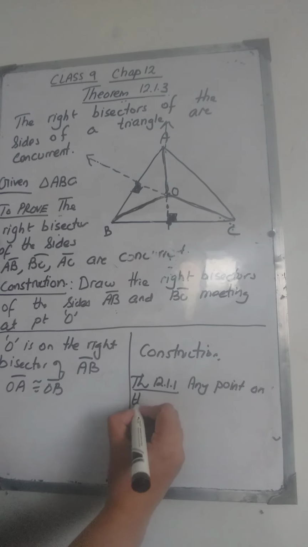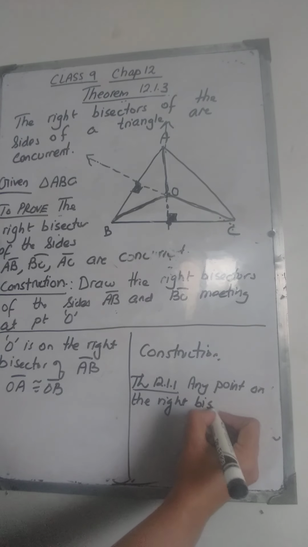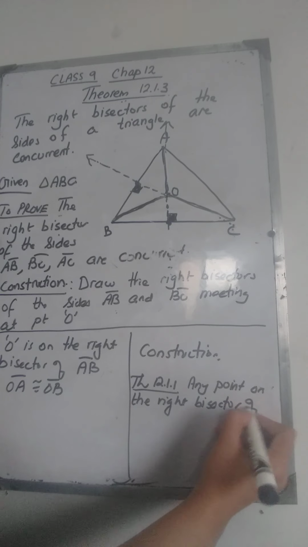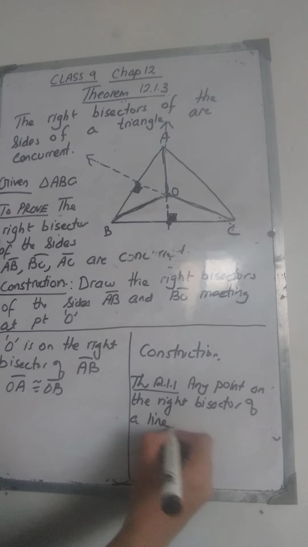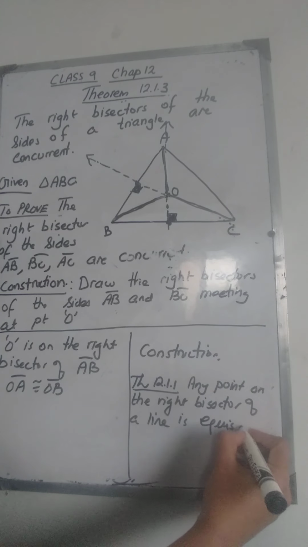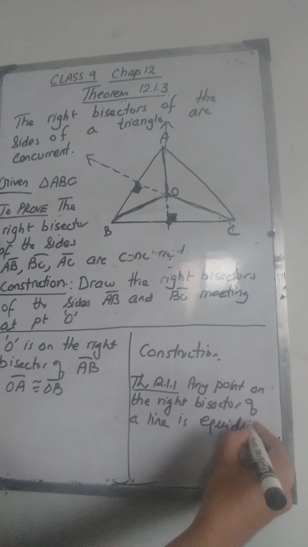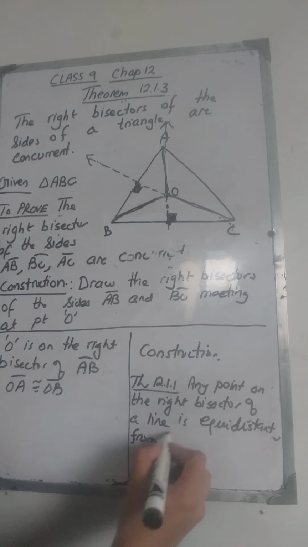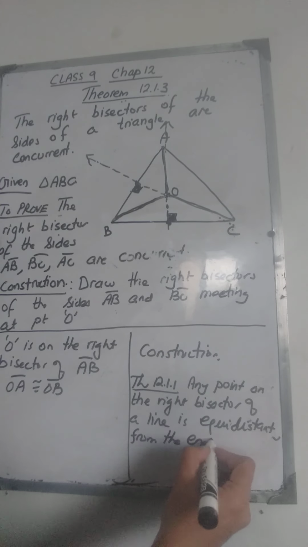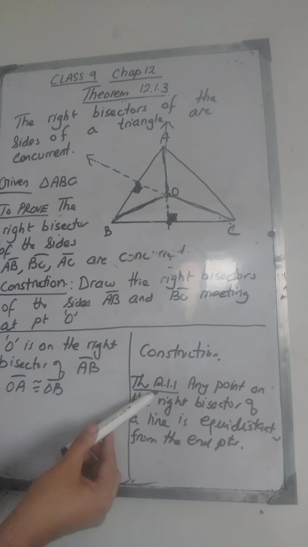Any point on the right bisector of a line is always equidistant from its endpoints. What did we learn in theorem 12.1.1?